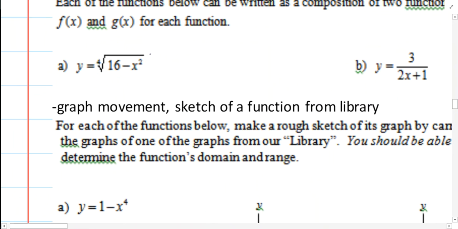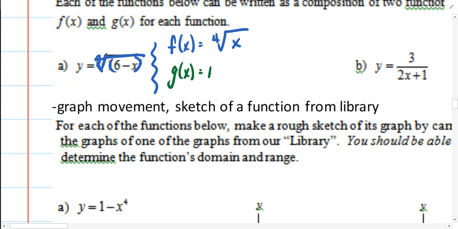So if I'm looking at this, I think I would say that the outer function f of x is the fourth root of x, because to me I see the fourth root of something is acting as our outer function. I would then say that my inner function, g of x, would have to be 16 minus x, because that is the something that's acting on the inside of our outer function.